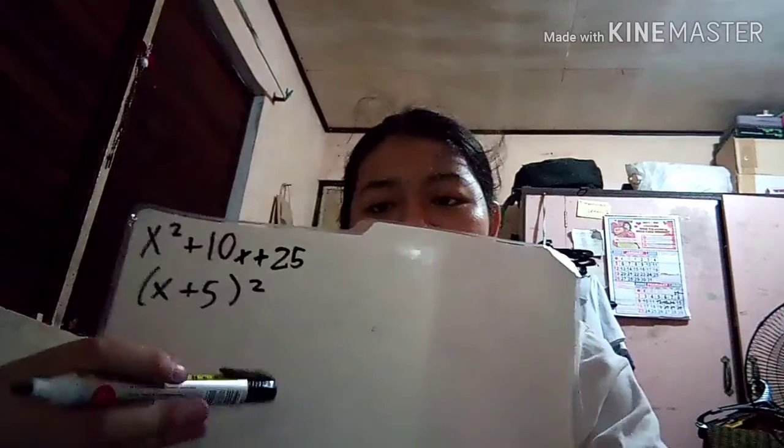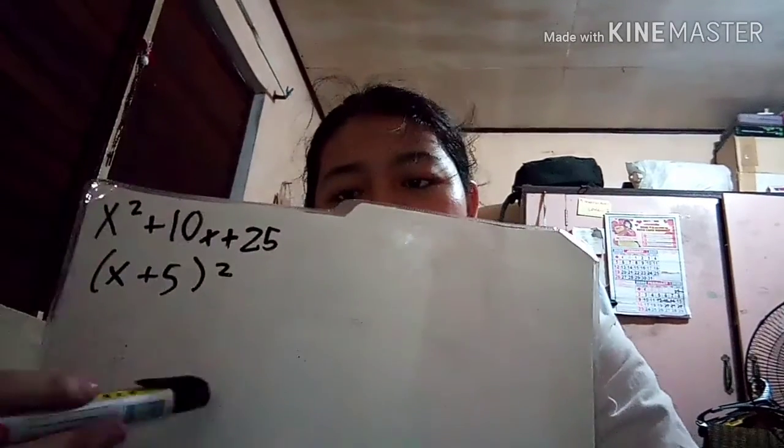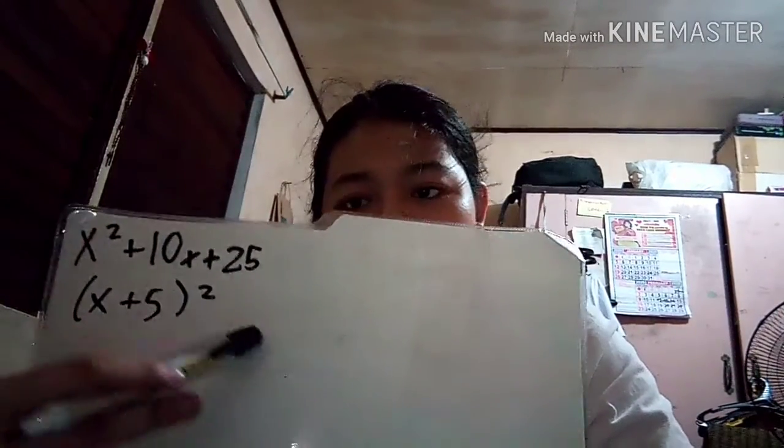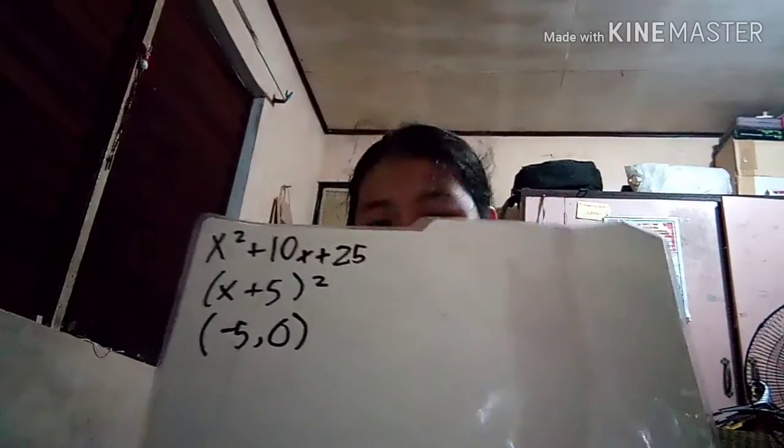Now, is this allowed? Is this like a vertex form already? Well, technically, yes. And, well, what about k? k has no value. You see that? There's only h, but there's no k. That automatically means that our h is negative 5, our k has no value, it's just going to be 0. Guys, it's that easy.